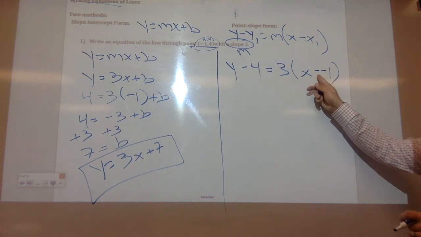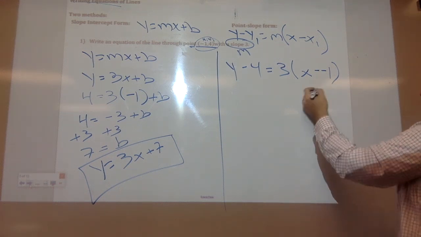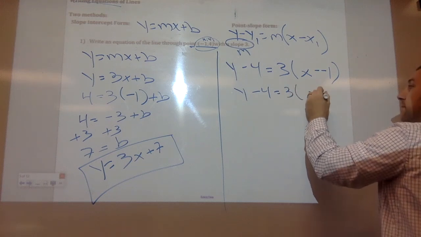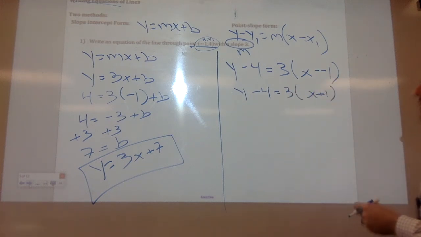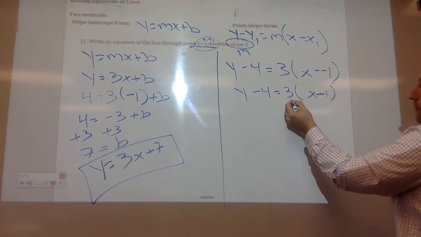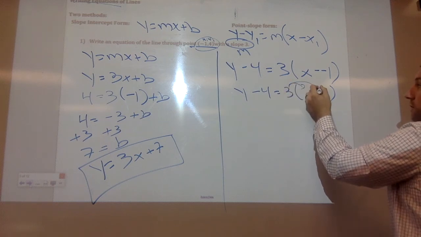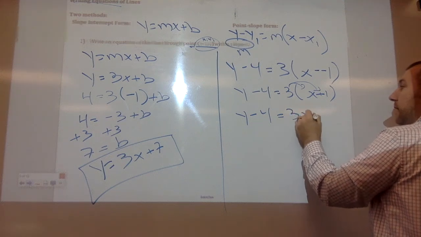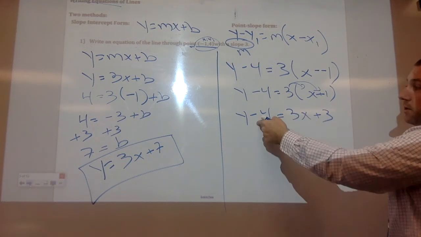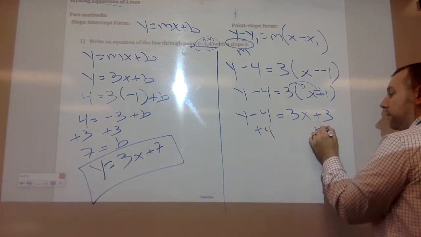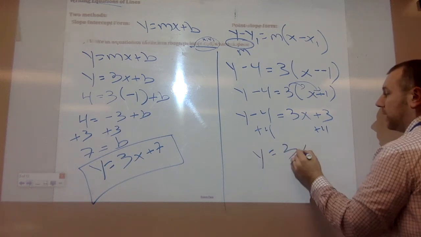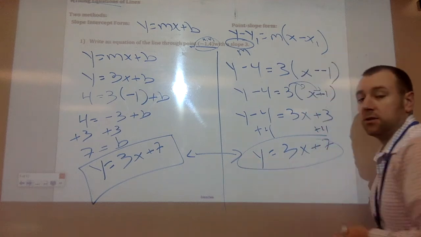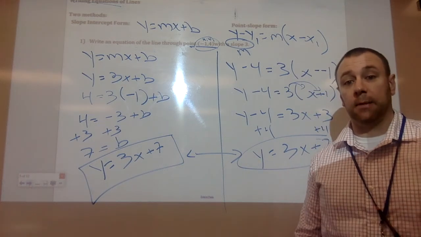Here, that double negative is going to turn into a positive, so y minus 4 equals 3 times x plus 1. Now I can distribute, which is really just multiplying: y minus 4 equals 3x plus 3. Solve for y by adding 4 on both sides: y equals 3x plus 7. Same answer, two different methods of solving the same problem.